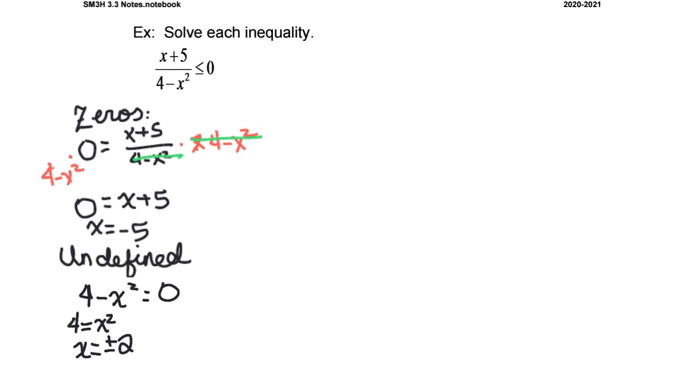So then my values on the number line are going to be those zeros and undefined values. So I have a 0 at -5, and undefined at -2 and +2.